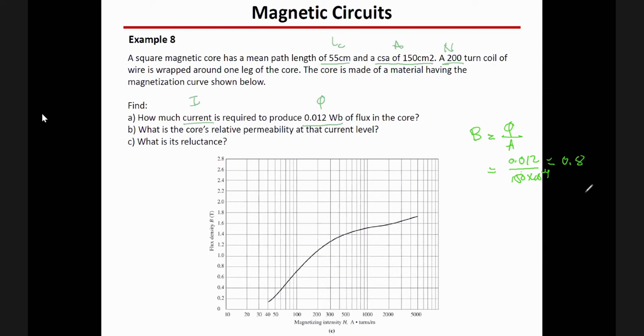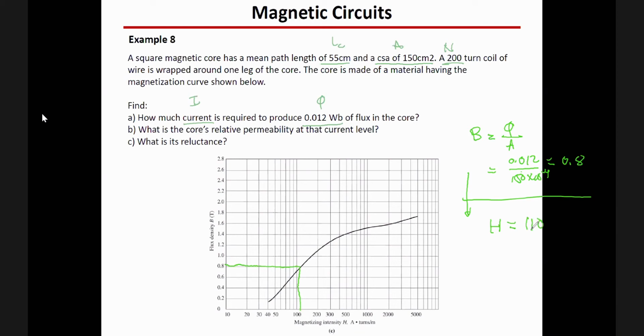So now since we got B, we can use the BH curve to find what is H from this B. 110. Yeah, so B is 0.8, so we go to 0.8 here. So almost here. So yeah, let's say 110.